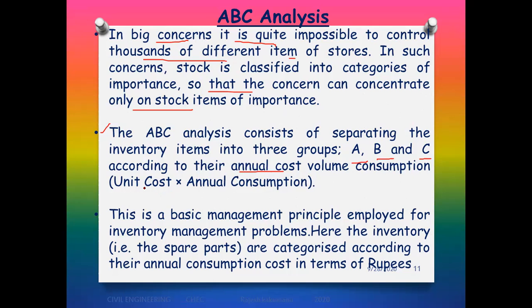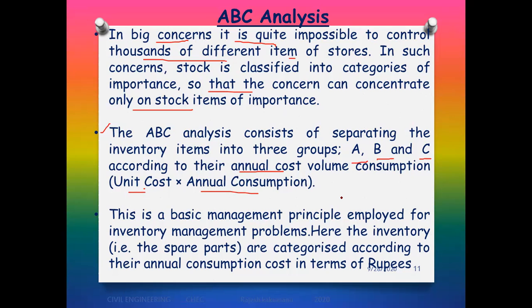So the unit cost, say 10 rupees, into annual consumption. So if you are using a 10 rupee item for 3 days or for 1 day, then what about the annual consumption? For example, if you are using a toothpaste, how many toothpastes are required for your house for 1 year?